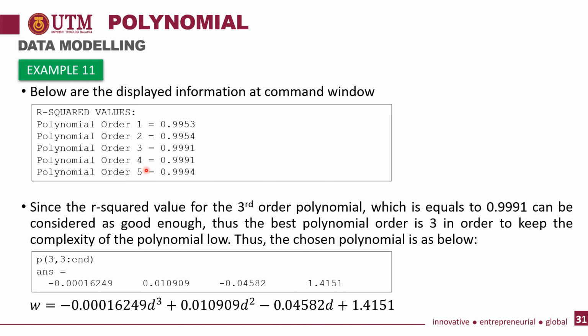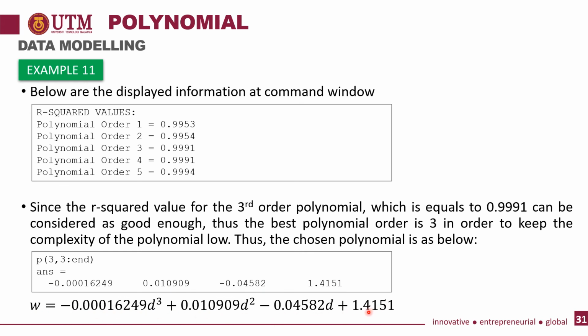We don't want that. Thus the best polynomial order is 3, in order to keep the complexity of the polynomial low. The chosen polynomial is as below. So p3, this is the equation that you will get. W, which is the water, is equal to this polynomial expression.